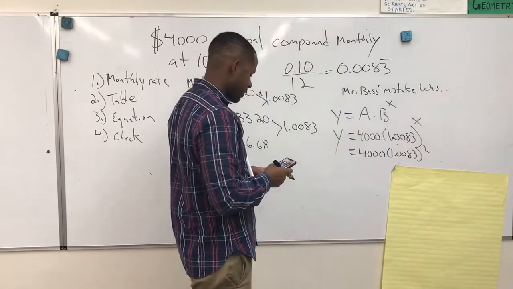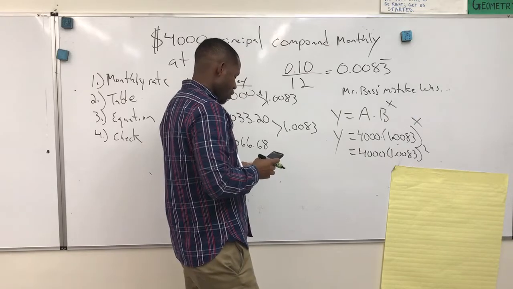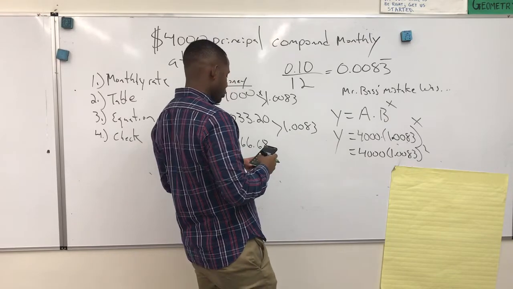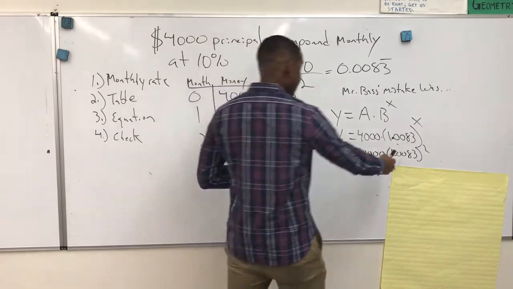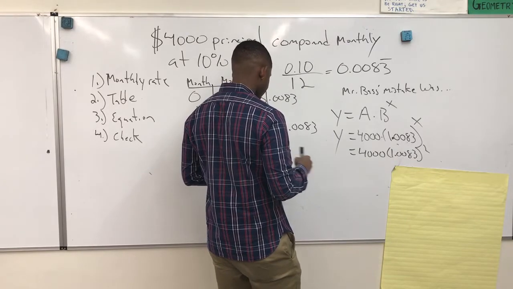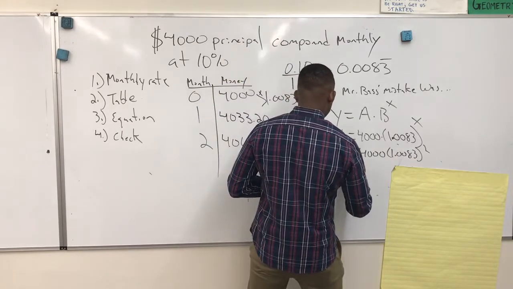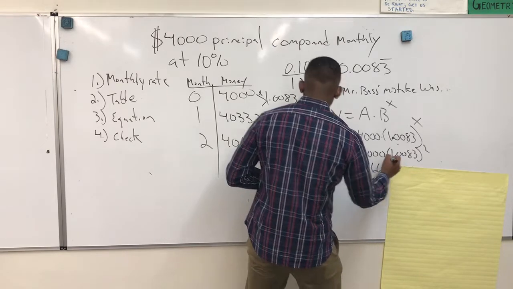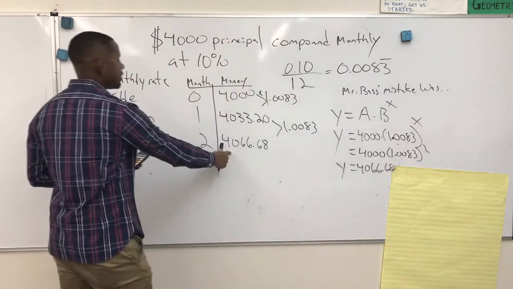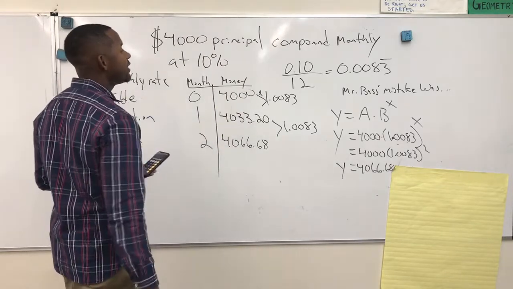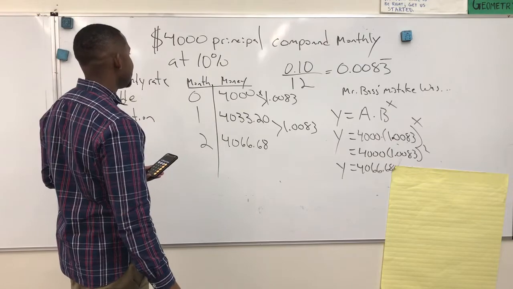So we'll figure out what that is. 1.0083 times 1.0083 equals 1.01666. And I'm going to take that number times 4,000, and I get y equaling 4,066.68675, 4,066.68. I can see that they match. I'm pretty sure that my equation is right.